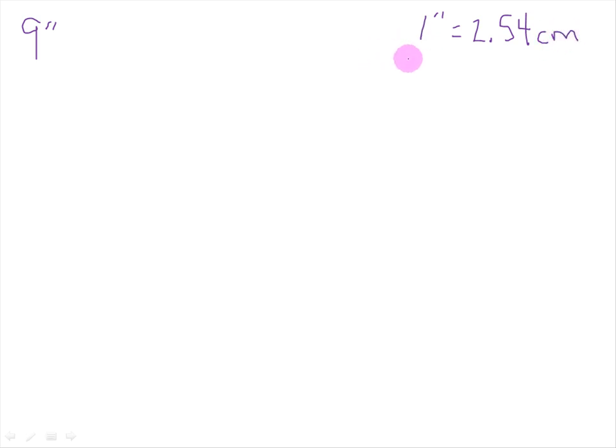So we can write this in the form of 1. We have inches in the numerator's position here, and we want inches in the denominator's position, so I have 1 inch. And we're going to multiply 9 inches times 1. It's 2.54 centimeters. So I have 2.54 centimeters.